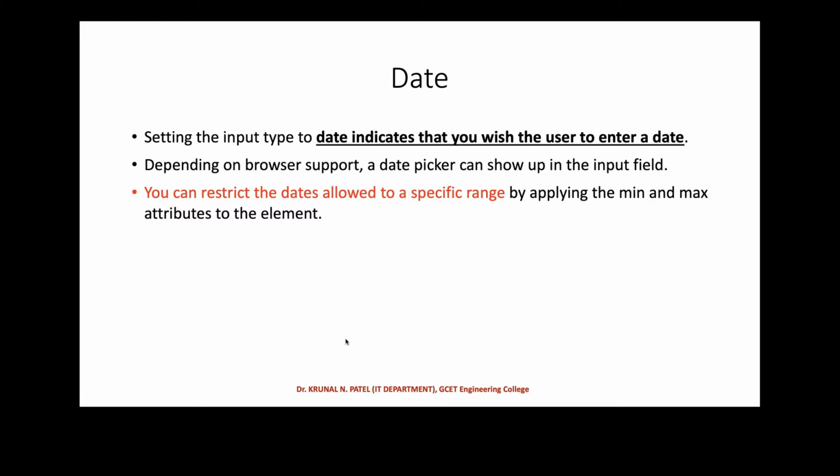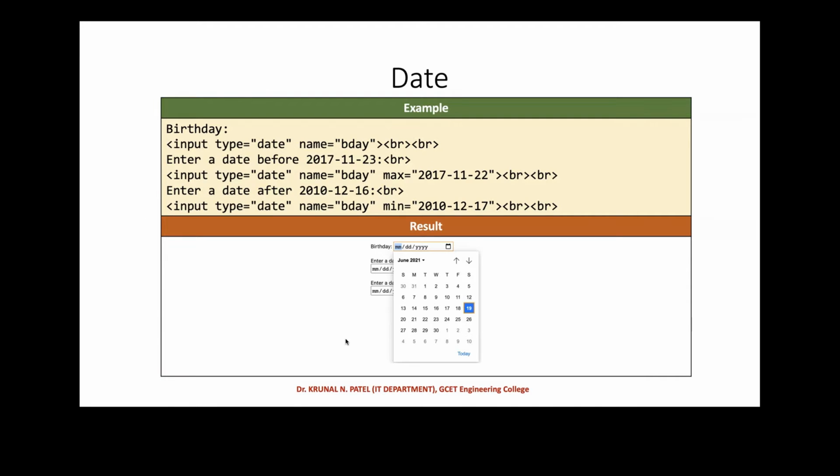Suppose in a form you want the birth date or joining date. If you want that kind of input from the user, then you can go for date. Here you can see the output.